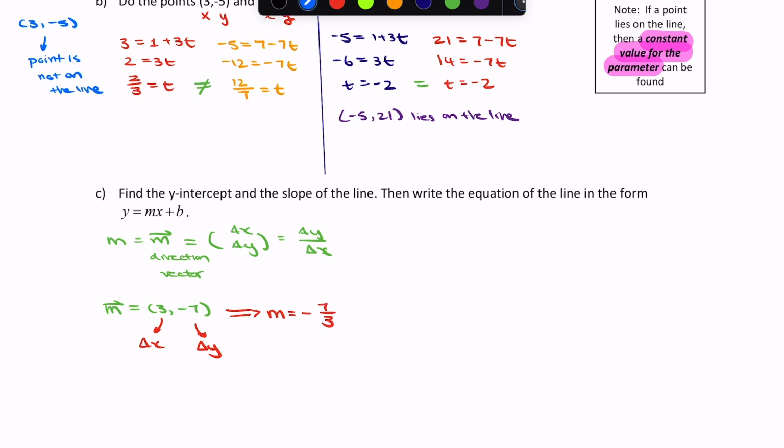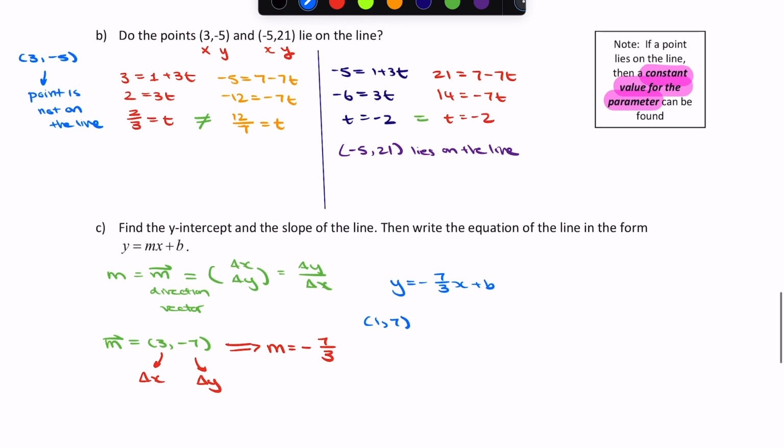So here now we have y is equal to -7/3 x plus b. I want to find the y-intercept as well. We will sub in a point such as (1, 7). If we sub in the point (1, 7), we get 7 is equal to -7/3 times x, or sorry, the x will be 1 here, plus b.